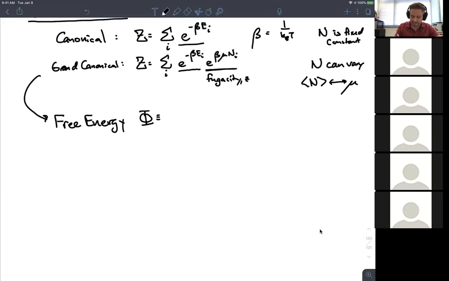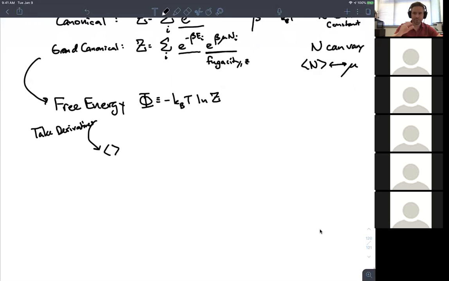And that is defined to be minus kB T log Z. Okay, so given your energy states, you calculate your partition function. Once you have your partition function, you use that in order to get an expression for the free energy. And then once you have the free energy, you start taking derivatives. Okay, and those derivatives allow you to calculate expectation values of various variables that describe your system. Okay, so for example, well, we're going to do an explicit example of this today.